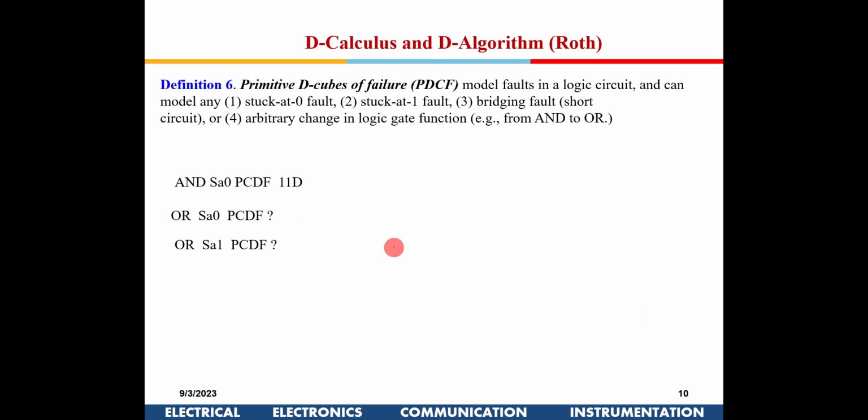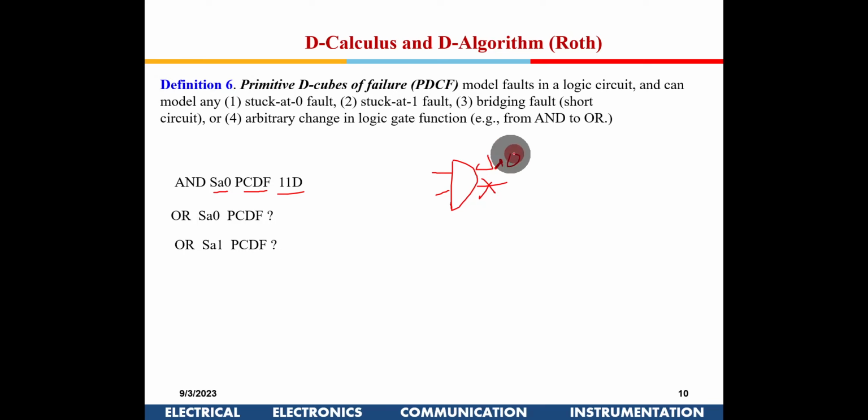Now, the starting point is this. For each fault on a gate, you should have something known as a primitive D cube of failure. For example, for an AND gate with output stuck at 1, the primitive D cube of failure is 1 1 and D. For each fault corresponding to each gate you will have a PCDF.